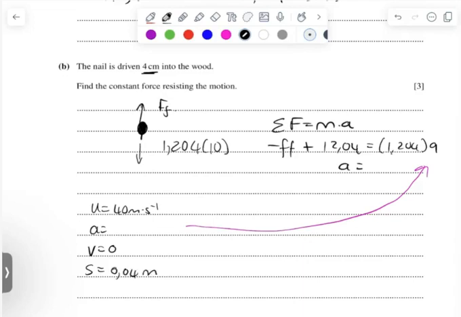So let's use SUVAT here. V squared is U squared plus 2AS. So it comes to rest, starting at 40. We expect this to be deceleration. We expect our answer to be negative.